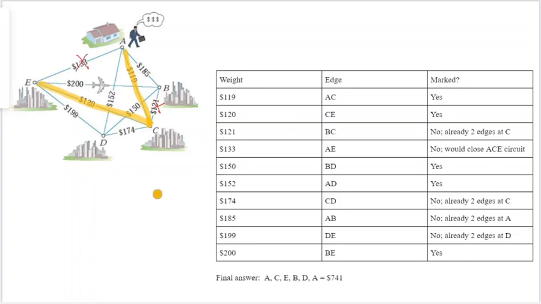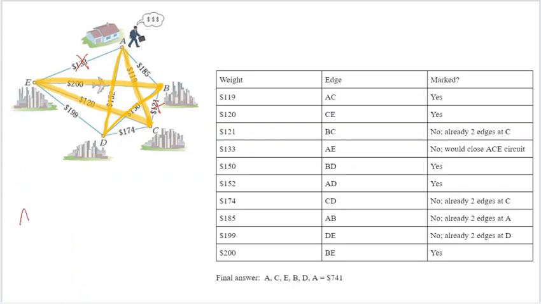The next cheapest is $150 here from B to D, so that one's good. The next cheapest is from A to D at $152. That's good. And then the only one left to close my circuit is here from B to E. So I've got this little star-shaped circuit. Now, remember that Willy has to begin and end his journey at vertex A because that's where he lives.